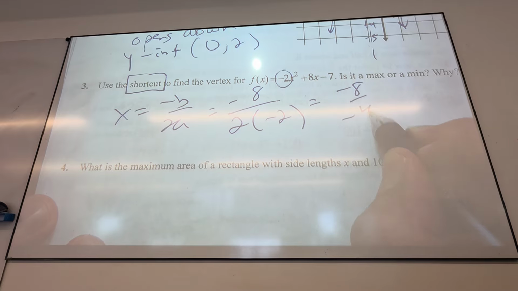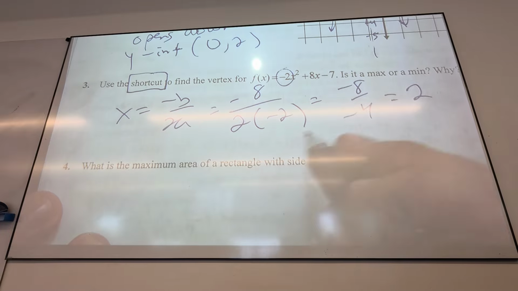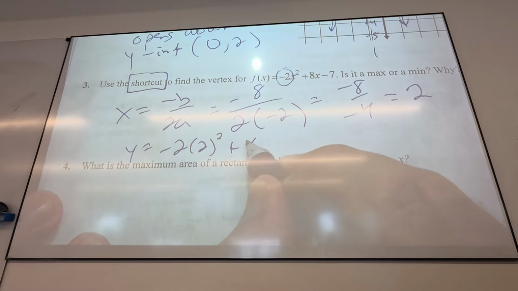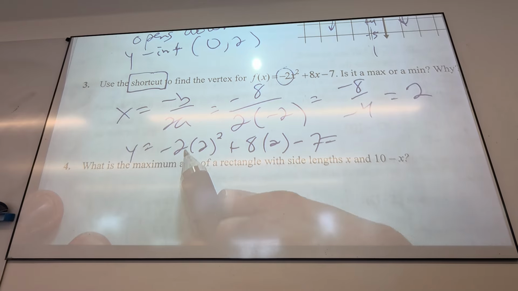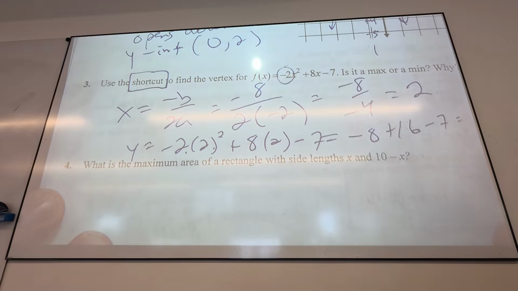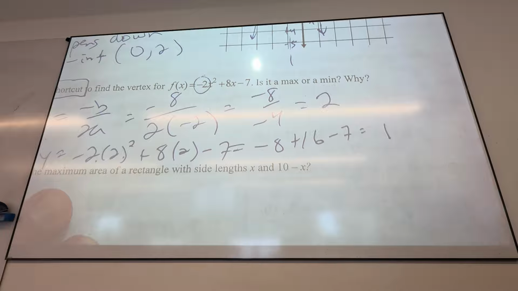Negative 8 divided by negative 4 is 2. And then how do I find the y piece? Plug it in. If I plug in 2, I get negative 2 times 4 is negative 8, plus 16 minus 7 is 1. So what's the vertex? 2, 1.